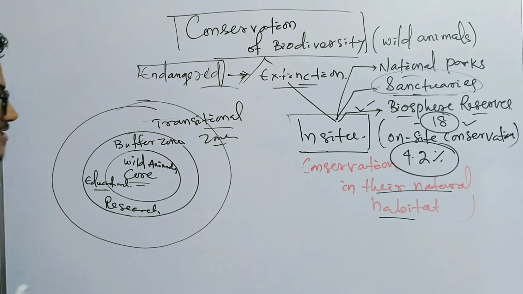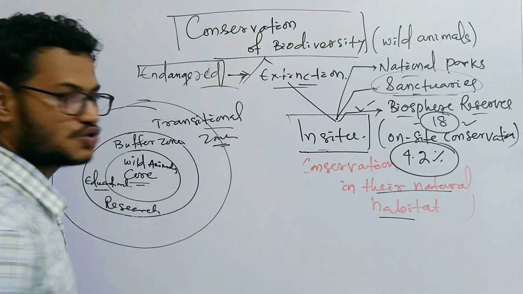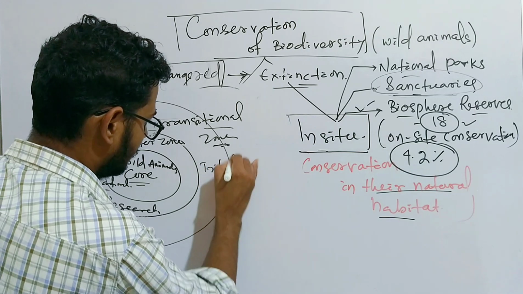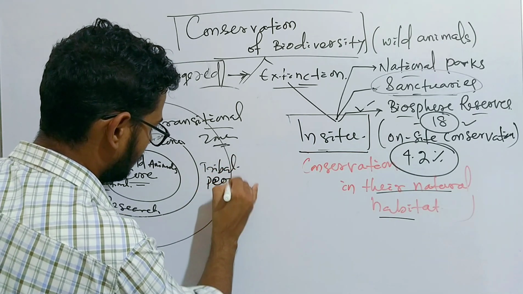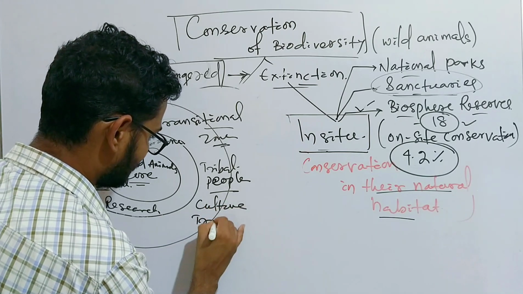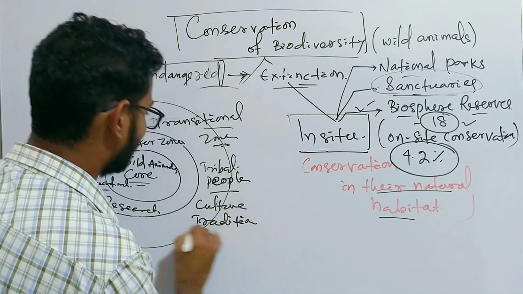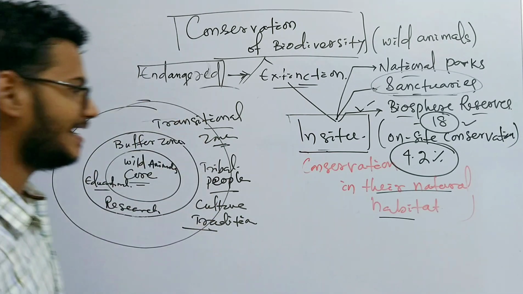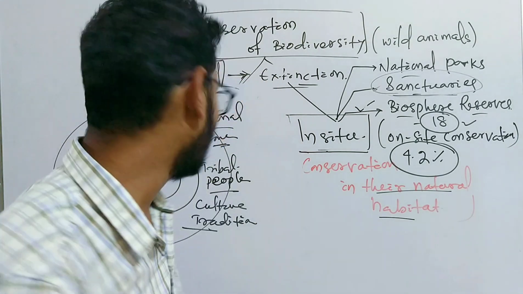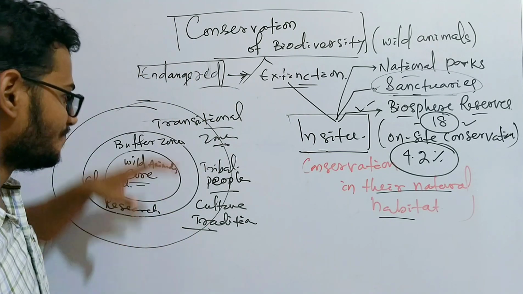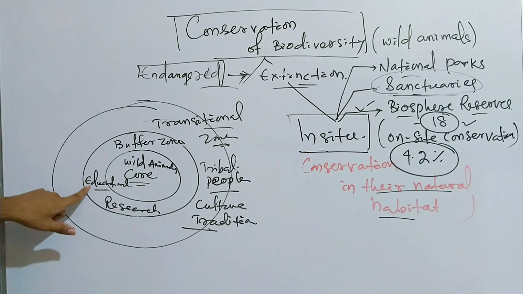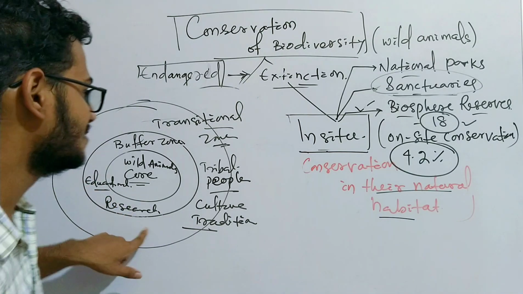The transitional zone is the area where the tribal people live, and their culture and tradition are protected in this specific area, and other human beings from outside are not allowed into this region. They are allowed under certain conditions like educational purpose or research purpose.